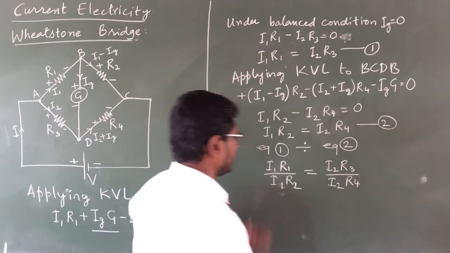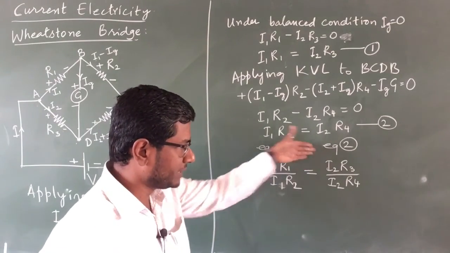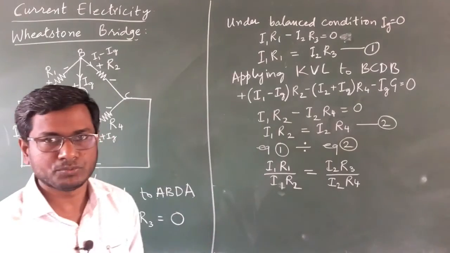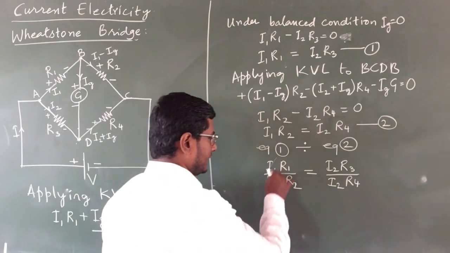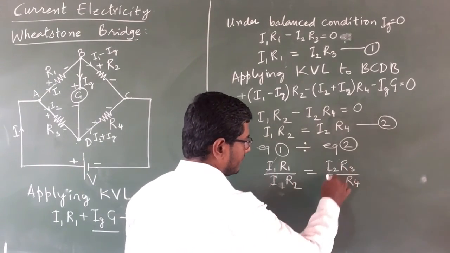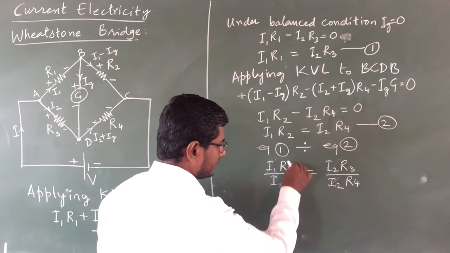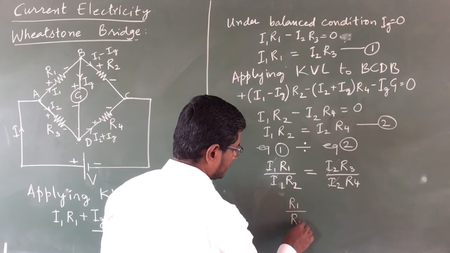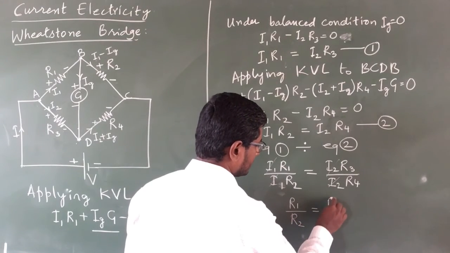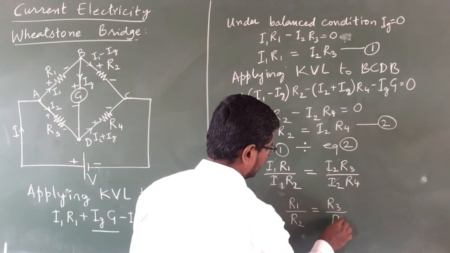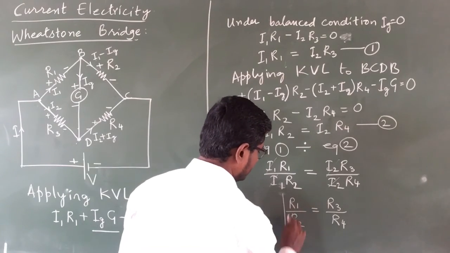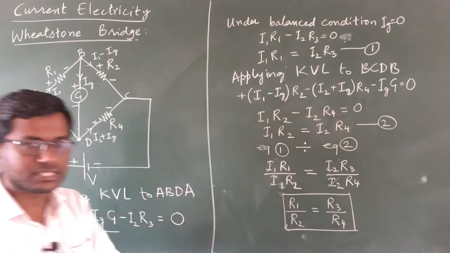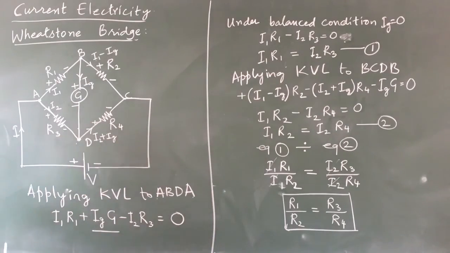So I have my equation 1 in the numerators and equation 2 in the denominators, and just by observing you can say that I1 will cancel on the left hand side, I2 will cancel on the right hand side. What is left is R1 divided by R2 equals R3 divided by R4, and this condition is called the balancing condition of the Wheatstone bridge.